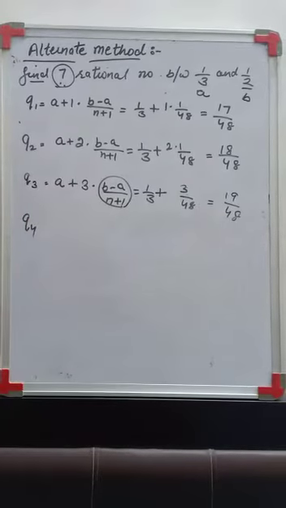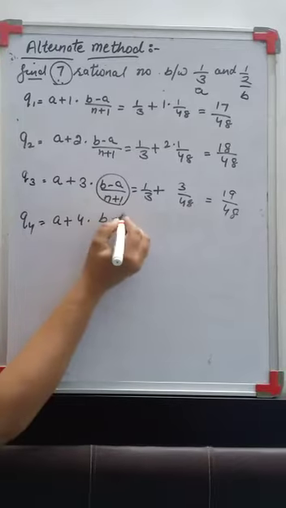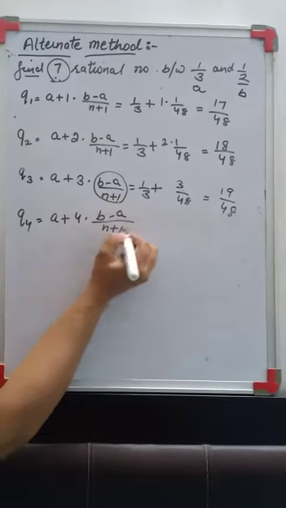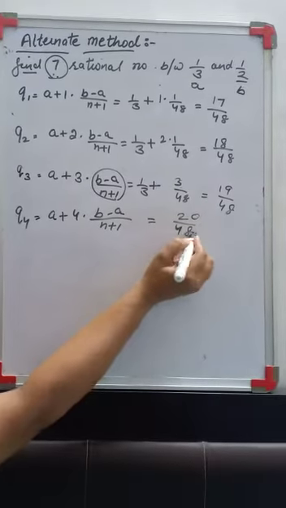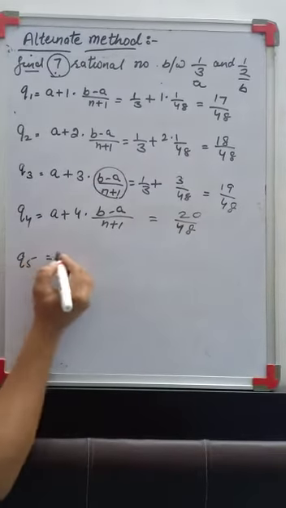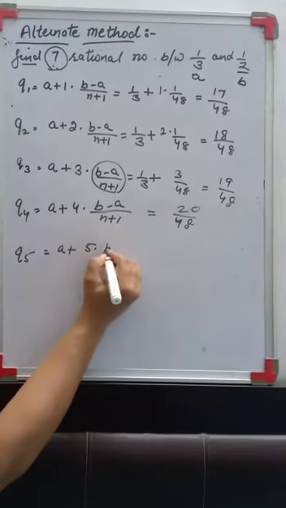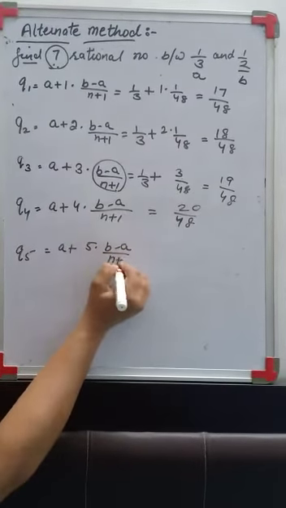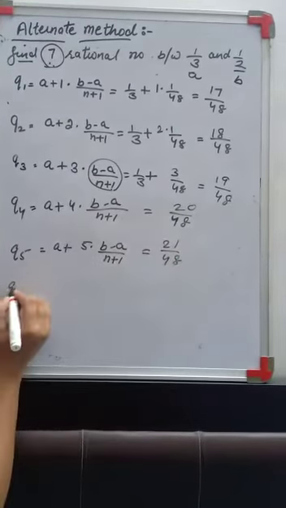Similarly, Q4, A plus 4 into (B minus A) upon (n plus 1), and you will get 20 upon 48. Q5, again A plus 5 into (B minus A) upon (n plus 1), you will get 21 upon 48.